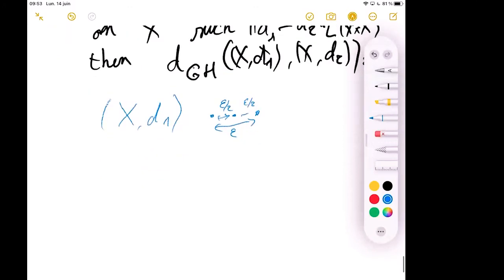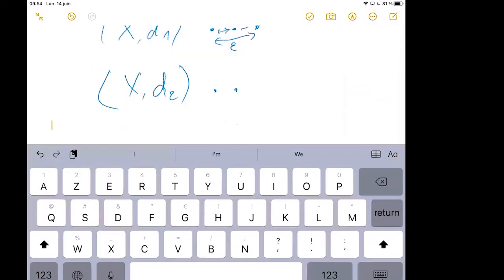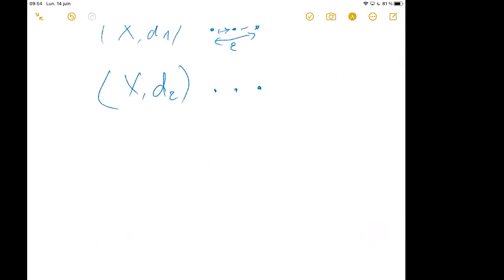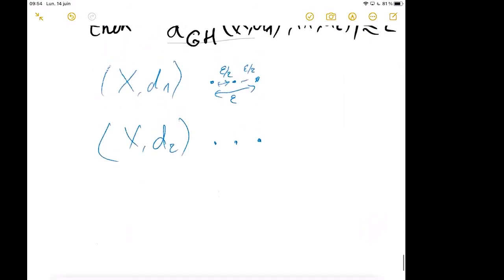Okay, and assume that (X, d2) is the same thing, just assume that we have moved a little bit the points. We have exchanged, we have put the midpoint on the left. So here we still have epsilon over 2, here we have epsilon, and here we have epsilon over 2. So that would be our distance between our 3 points.